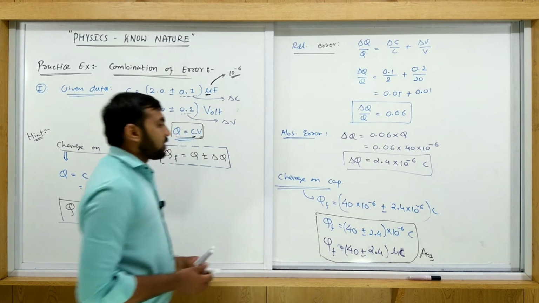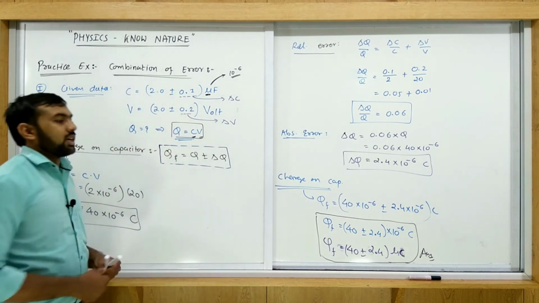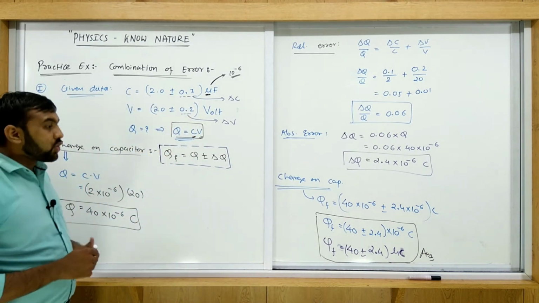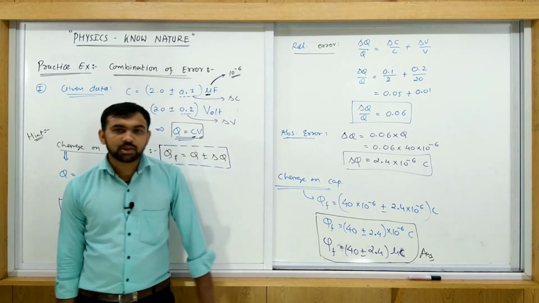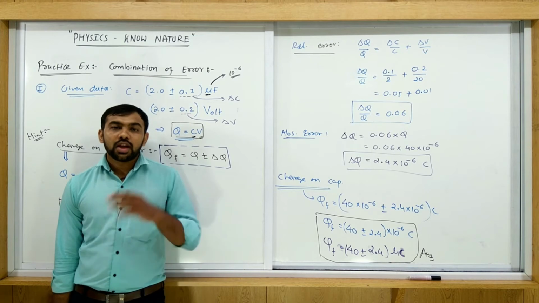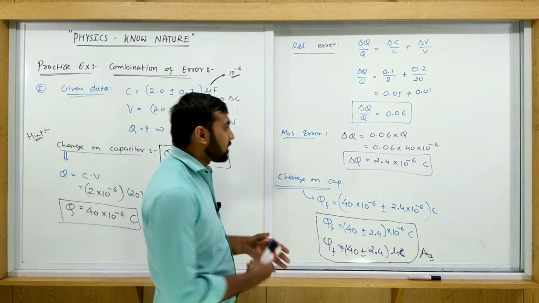We already discussed this type of example, so what is new in this example? Write the value of this error in terms of percentage. Sometimes the answer is given in a different form.